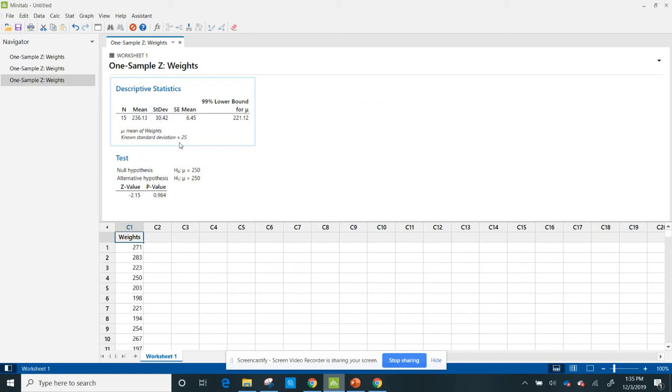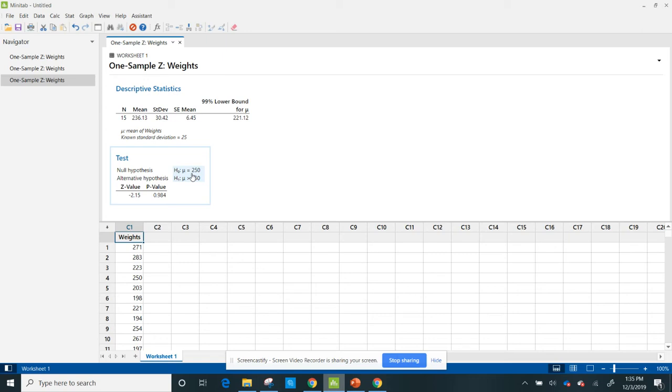And again, it tells me my standard deviation right here. If I go to test, it tells me about my hypothesis test. It gives me my null and my alternative hypothesis. Your null hypothesis will be different than what we talked about in the PowerPoint. Minitab has a default of equal in the null for every hypothesis.